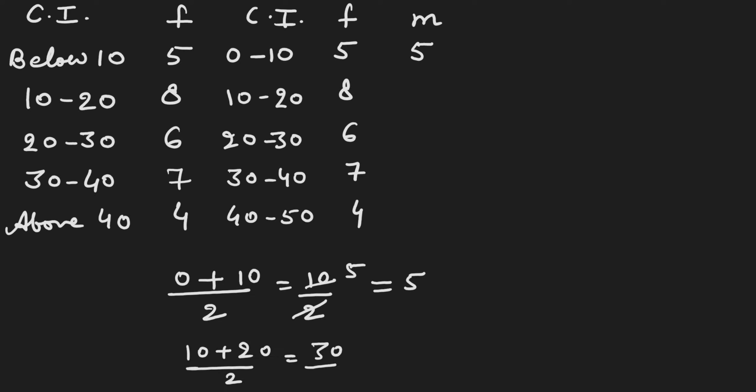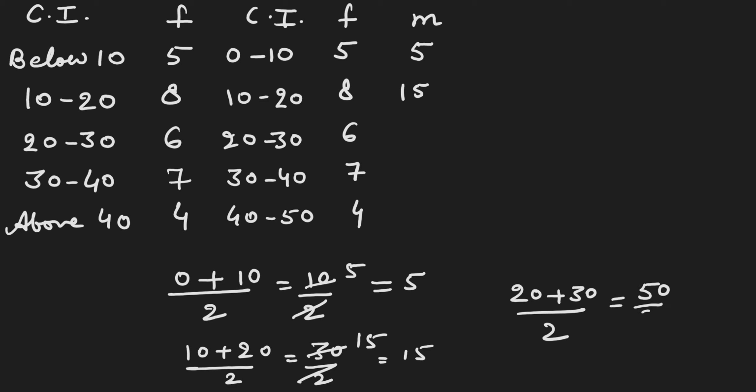That will be 30 divided by 2, which will be 15. Then for 20 to 30, 20 plus 30 divided by 2 means 50 divided by 2, which will be 25. Similarly we will find our next mid values, which will be 35 and 45. So these are our mid values.